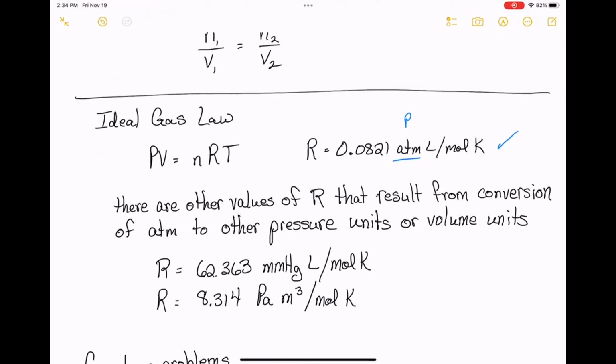The volume unit must be in liters. The amount of gas in moles and the temperature of the gas in Kelvin. So ideal gas constants are dictators. They tell you what the unit should be for everybody else.